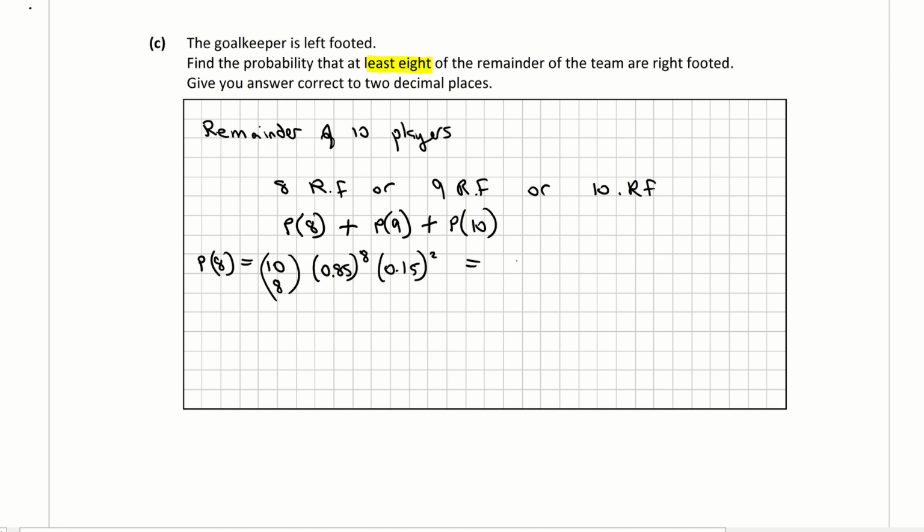And on my calculator, I'm getting 0.2759 for that. Probability of 9 of them being right-footed is 10 choose 9, and the success is 0.85 to the power of 9 times left-footed, and that's going to be 10 minus 9, which is to the power of 1, and that's giving me 0.3474 when I multiply that out.